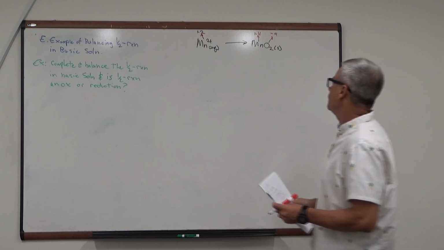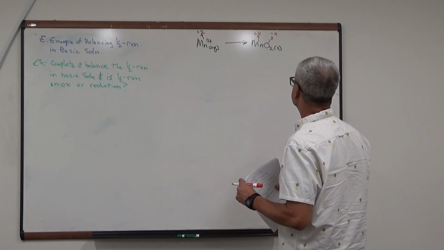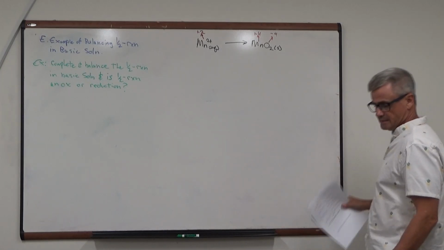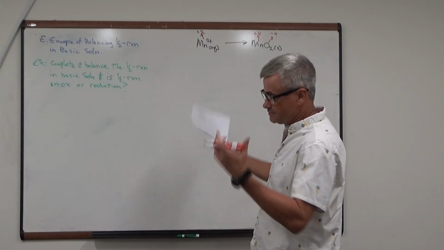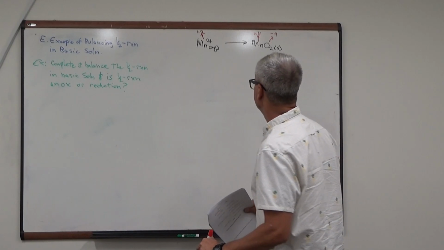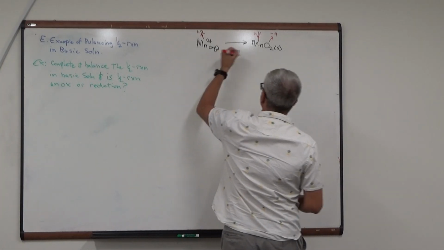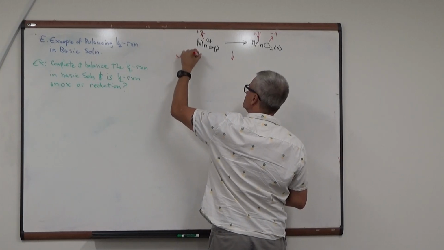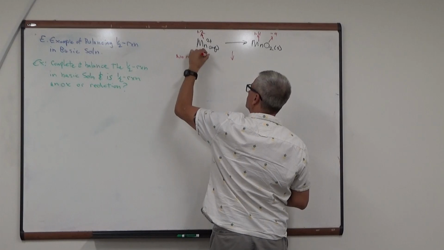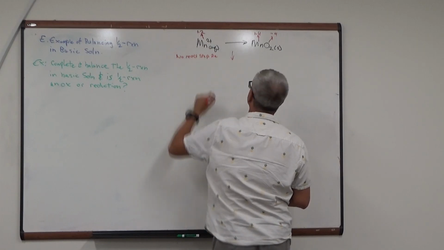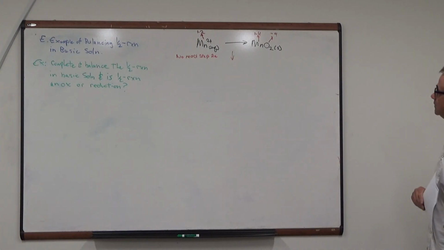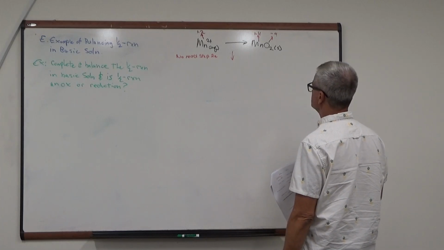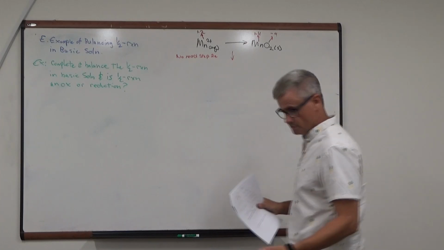Now step 2A is to balance any non-oxygen or hydrogen atoms, and as happens a bunch of times already, we have no need to do 2A, because the only other element is manganese, and we have 1 on each side. The next thing to do is to balance the oxygens. We've got 2 over here, so we need to add 2 waters over there.